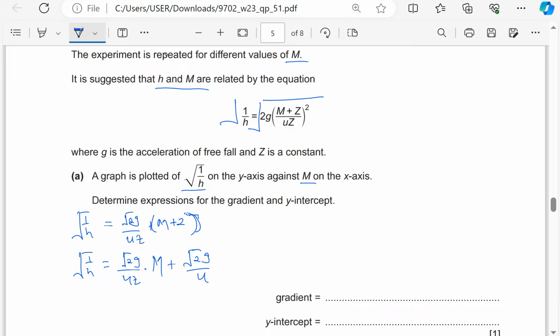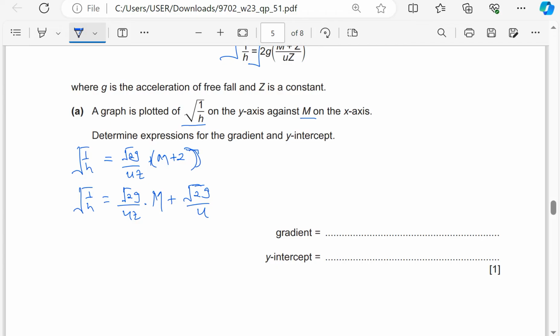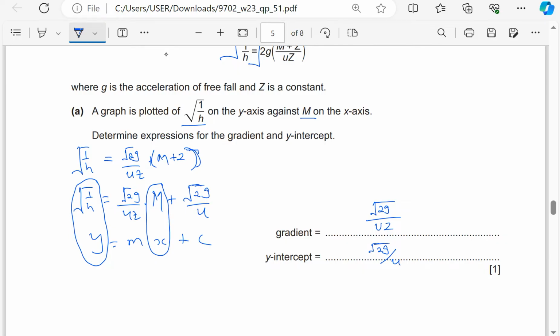If I multiply 1 over uz times z, it remains root of 2g over u. Comparing with y equals mx plus c, on the y-axis they are plotting root of 1 over h, and on the x-axis they are plotting m. So the gradient is root of 2g divided by uz, and the y-intercept is root of 2g divided by u.